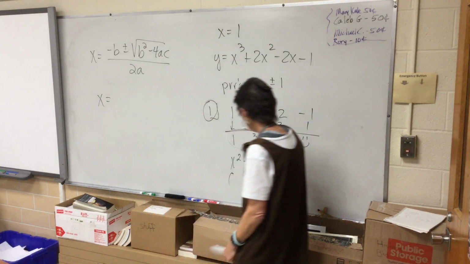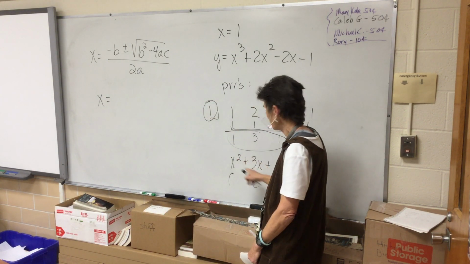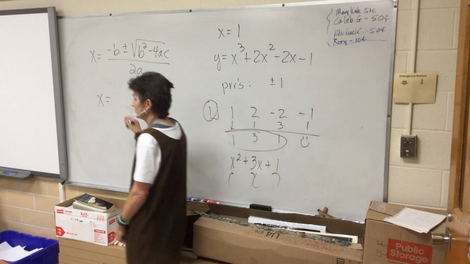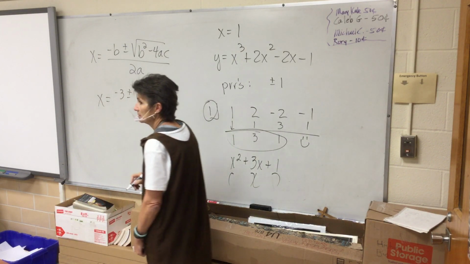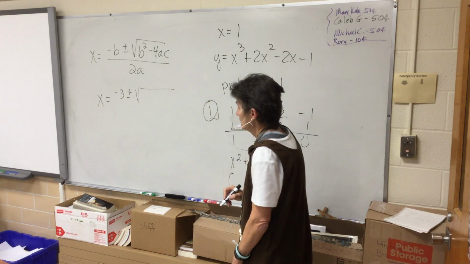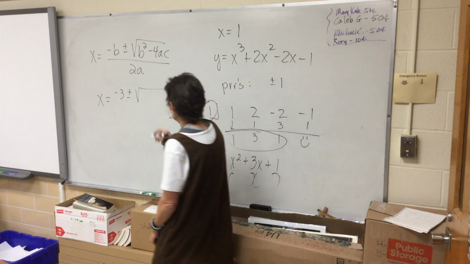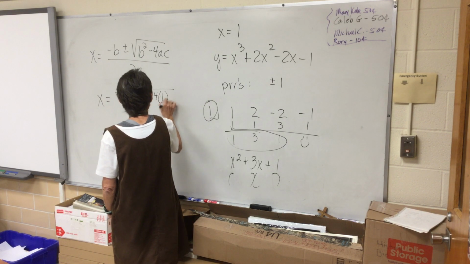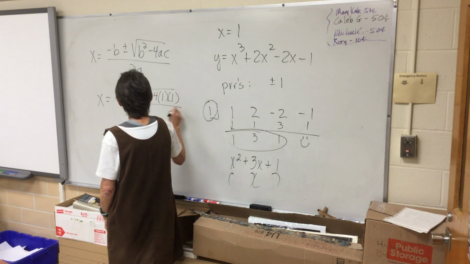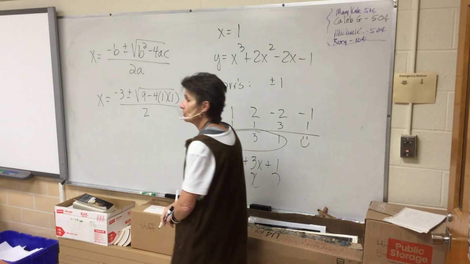So in my problem, here it is. It will be negative 3. What's under the radical? 9 minus 4 times 1 times 1, over 2a.